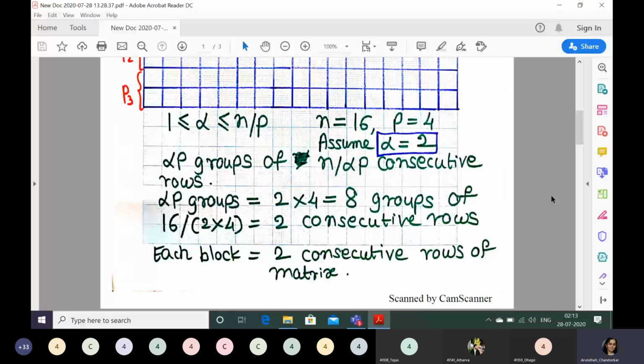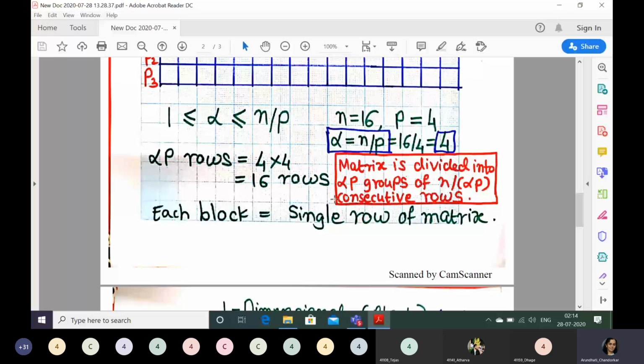Then go ahead. Second case, upper bound. And the last case.